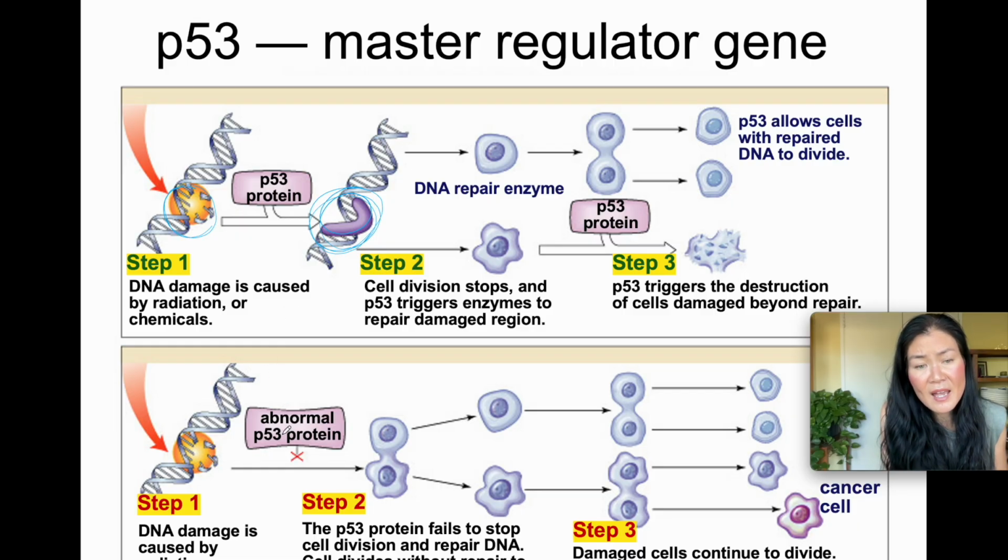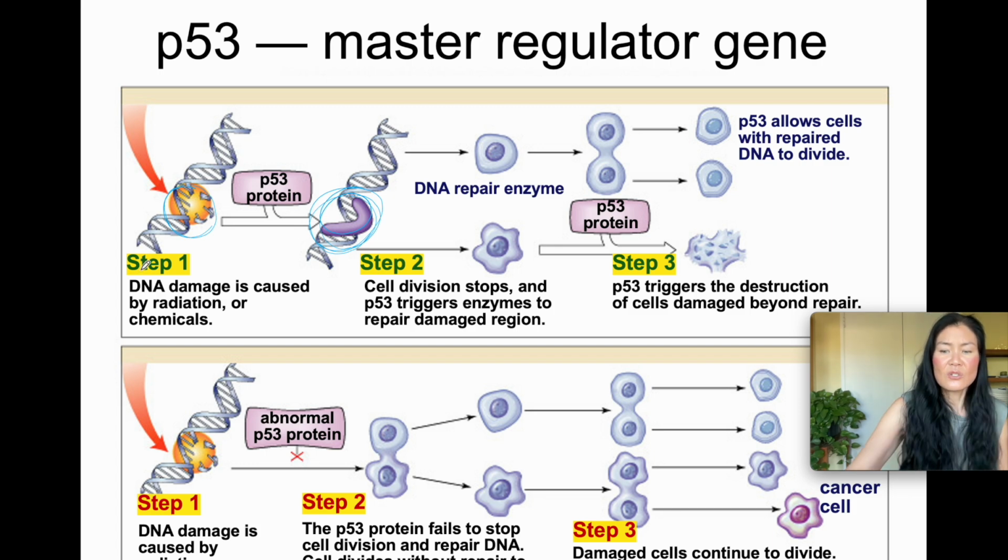However, if somebody has an abnormal P53 gene, where the P53 gene itself is damaged, then it will fail to stop the damaged cell from reproducing, and that damaged cell will continue to reproduce by mitosis and could possibly become a cancer cell. So P53 is very important as it helps regulate the cell cycle and stop damaged cells from reproducing.